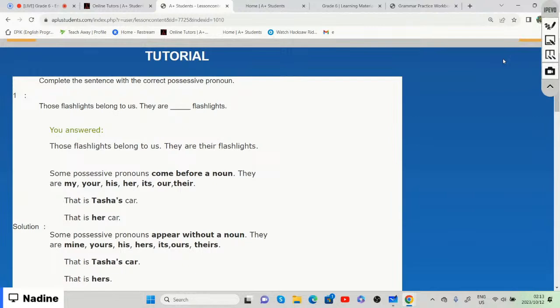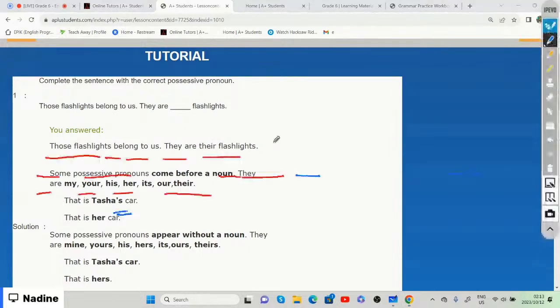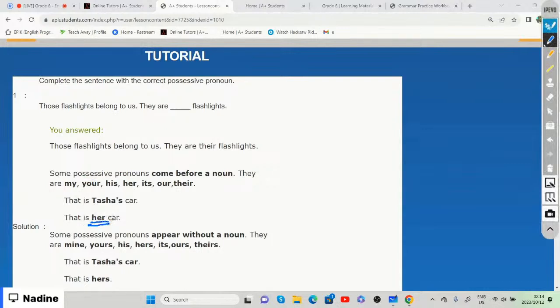So that is Tasha's car, which means that that is her car. So her is our correct possessive pronoun. And then some possessive pronouns appear without a name. They are, for example, mine, yours, his, hers, its, ours, and theirs.